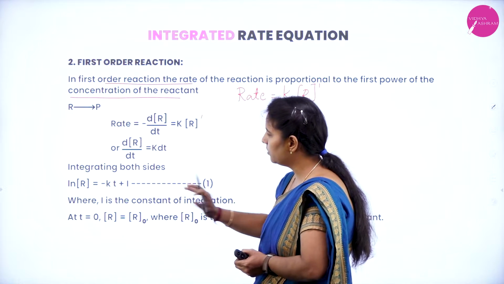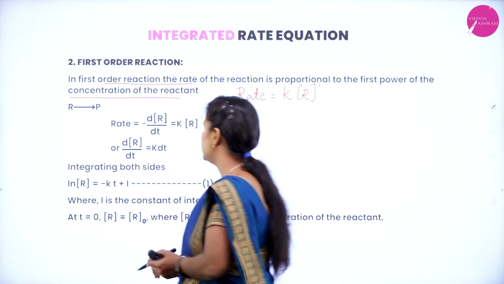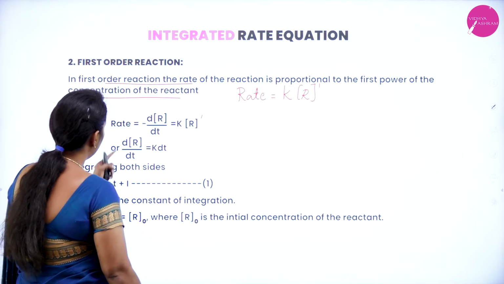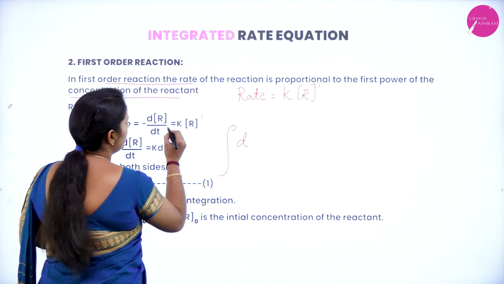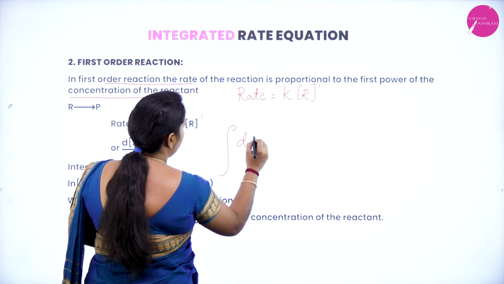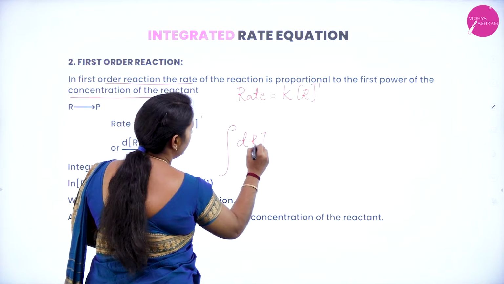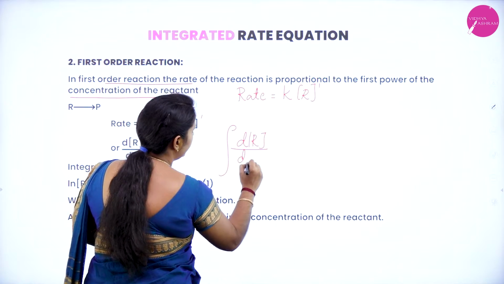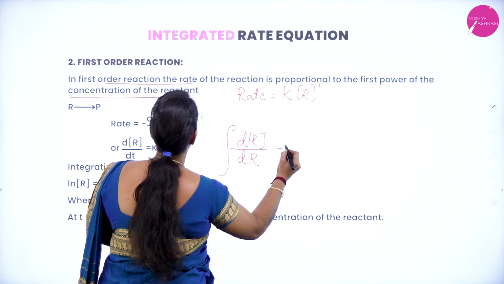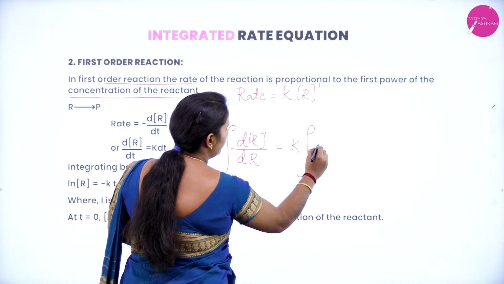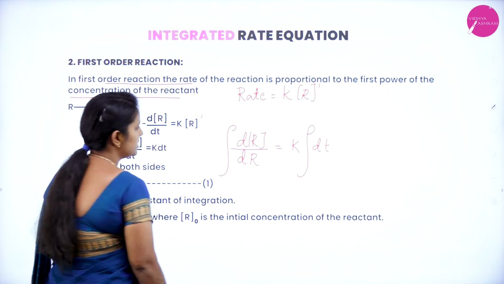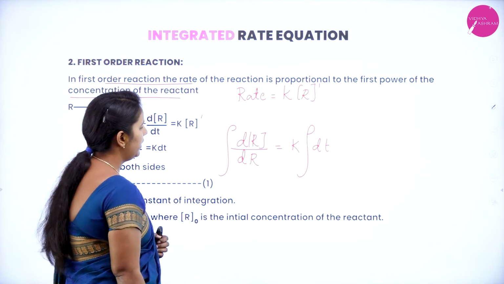By integrating on both sides, I'll write the integration of dR divided by R is equal to K into the integration of dt. So, what is the integration of dx divided by x?